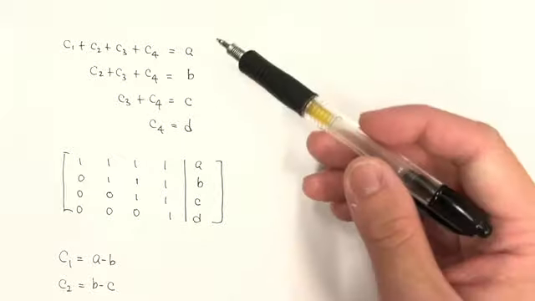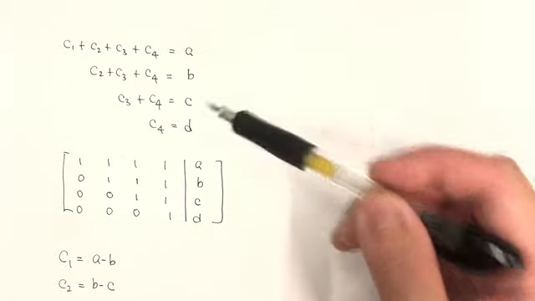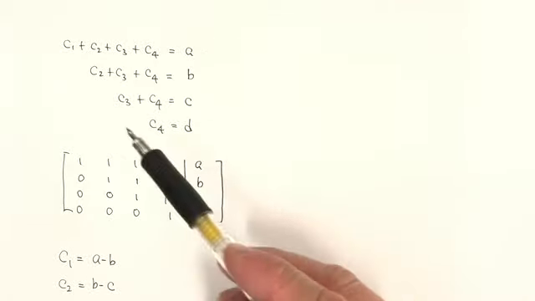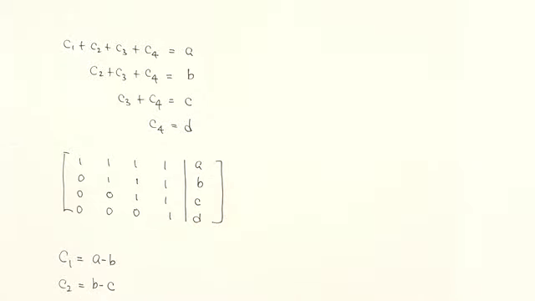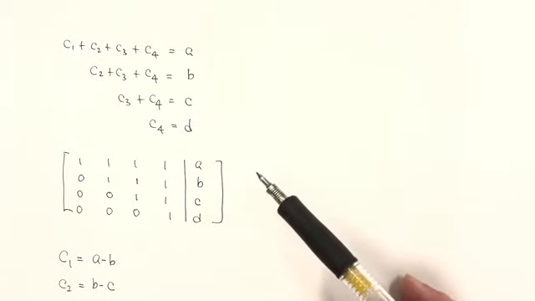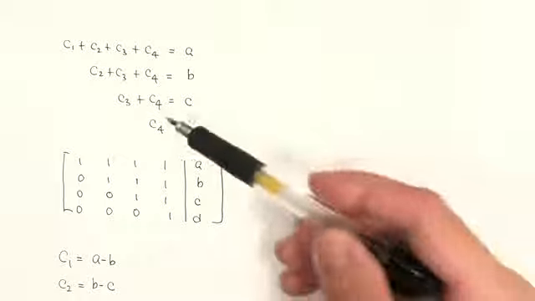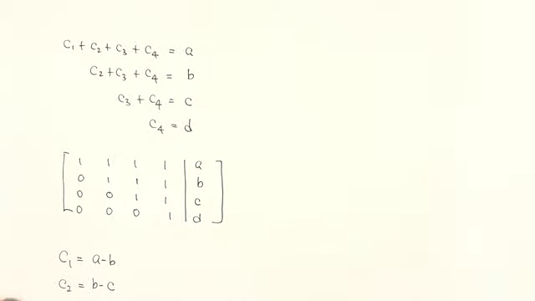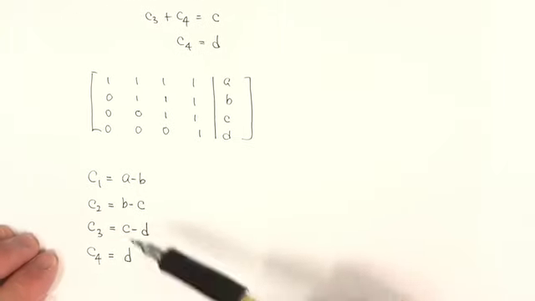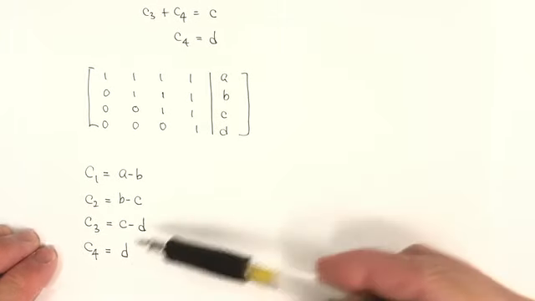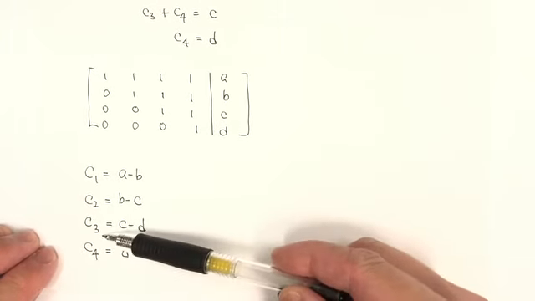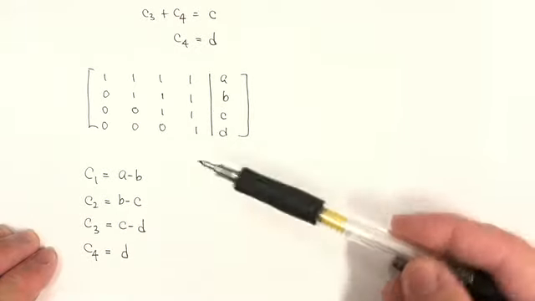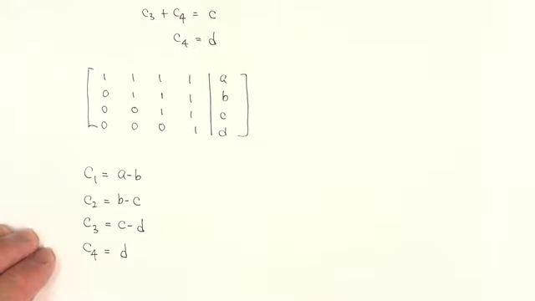No matter what your a, b, c, and d are, we can always find solutions C4, C3, C2, and C1. We don't really have to row reduce it to REF form. Just by this, we can tell that C4 has to be d. And then back substitute, you will have C3. Then back substitute using information C4 and C3, you will find C2. And then back substitute one more time, you will have C1.